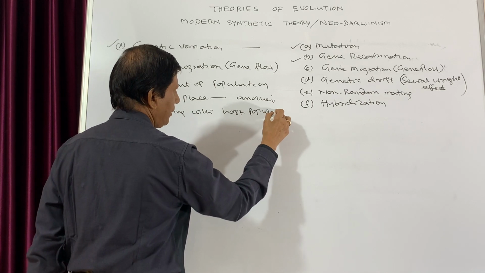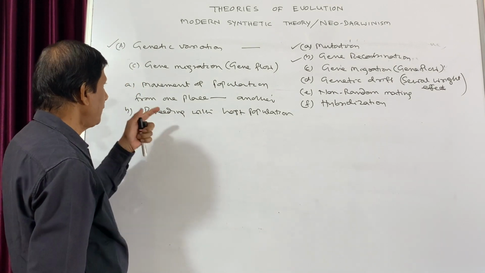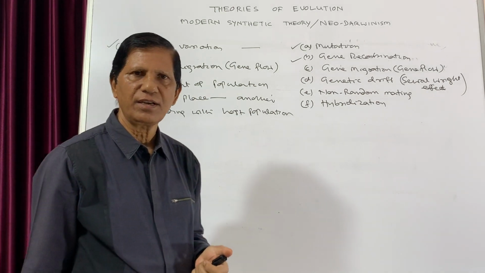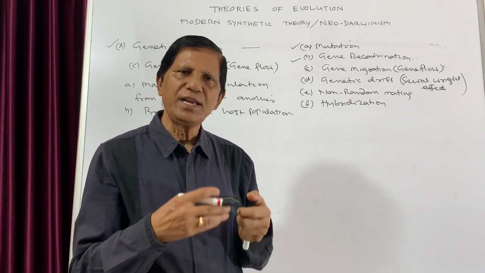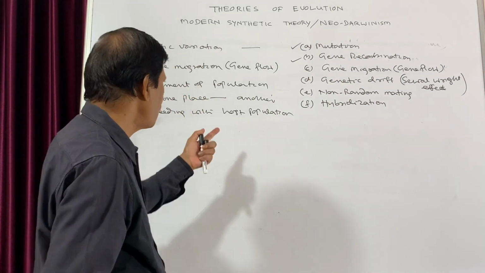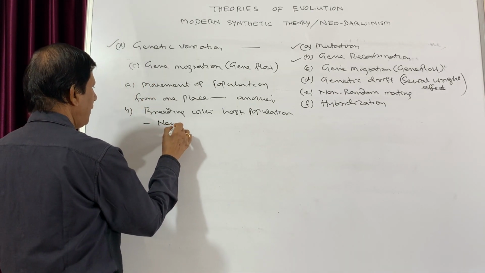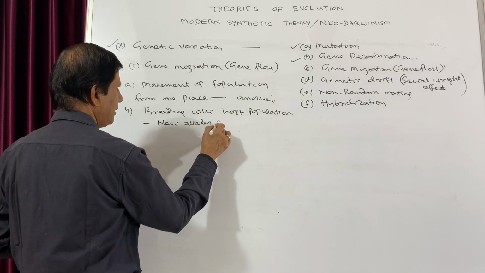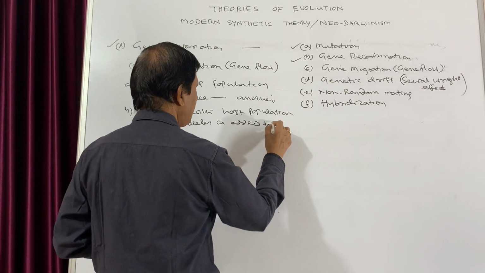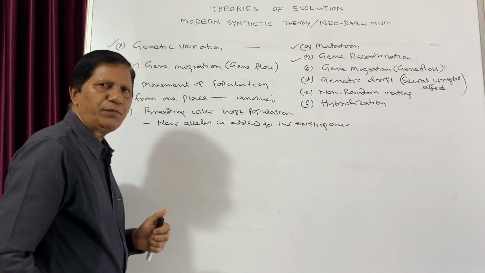So when they breed with the host population, that means the alleles which are present in the migrants which have immigrated, now they will add new alleles, new traits to the host population. So when they breed with the host population, new alleles are added to the existing ones.